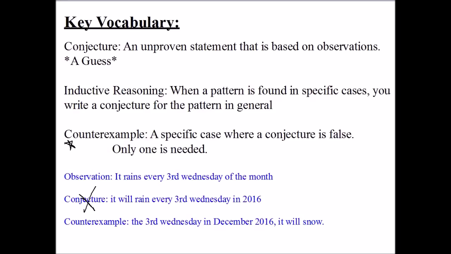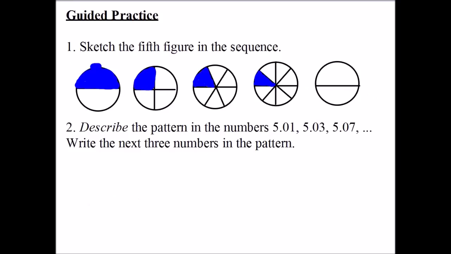Next card. Okay, the guided practice, number one. If you don't have your textbook on you, these are basically the 4 circles that they give you in example 1 in 2.1. The guided practice is we want to sketch the 5th figure in the pattern.